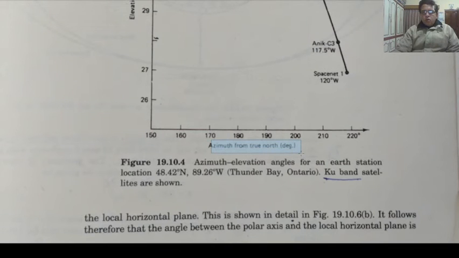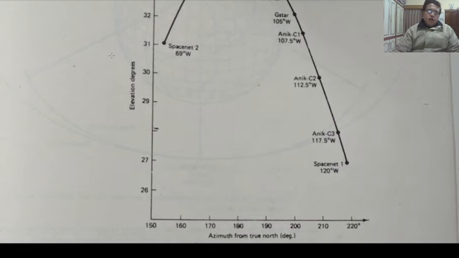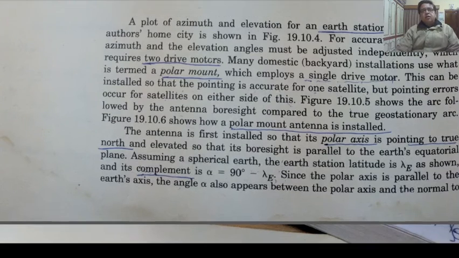Azimuth from true north in degrees and elevation in degrees. Here, these are the points you can easily understand.